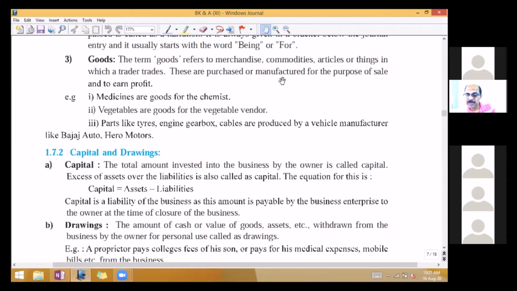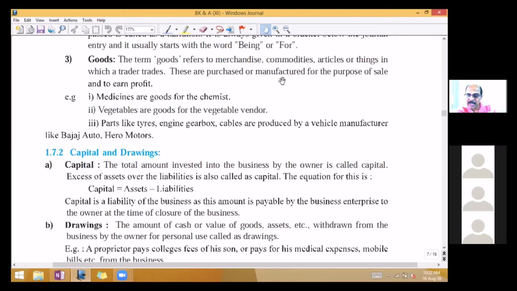Nike will cost you 1500 rupees. You paid 1000 rupees extra. Why did you pay 1000 extra? For the brand, for the reputation, and the right word to be used is again goodwill.